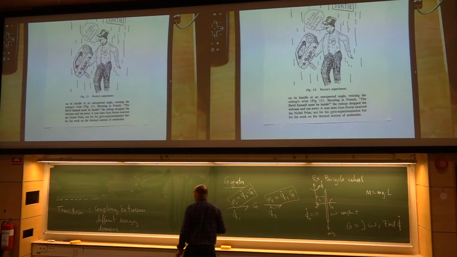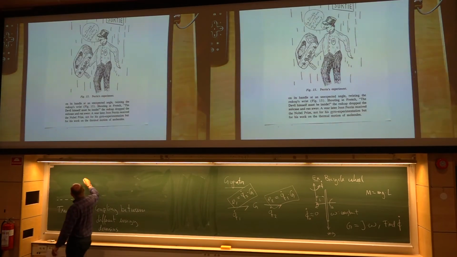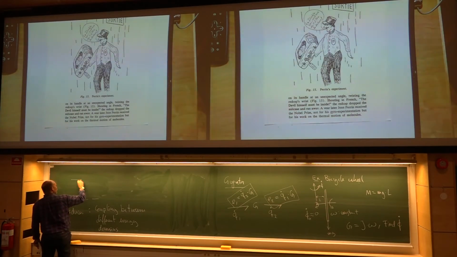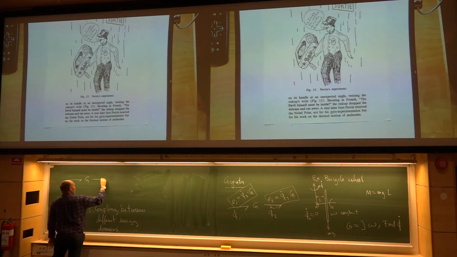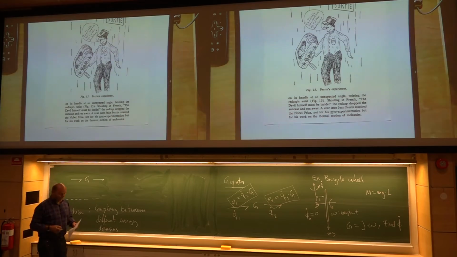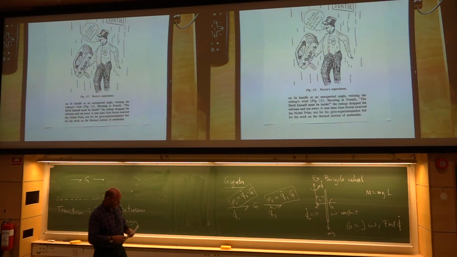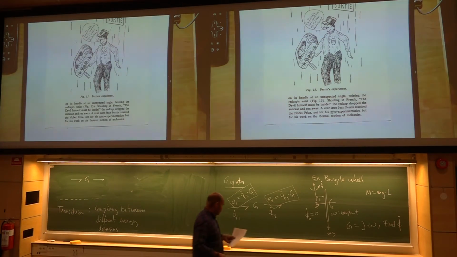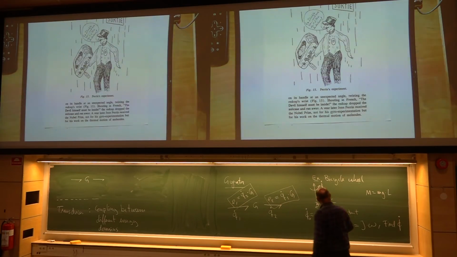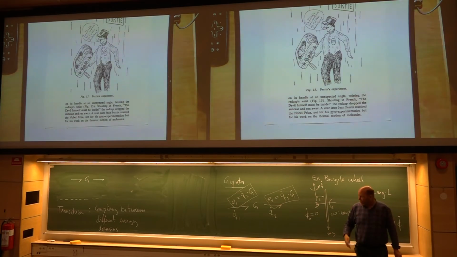Okay. So then we have the following, G and a bond like that. On the input side, we have this torque around this point.